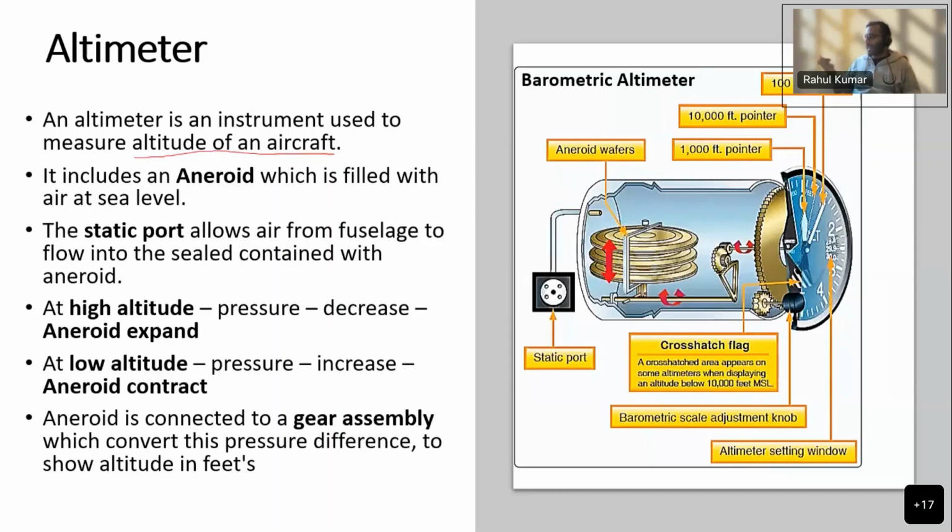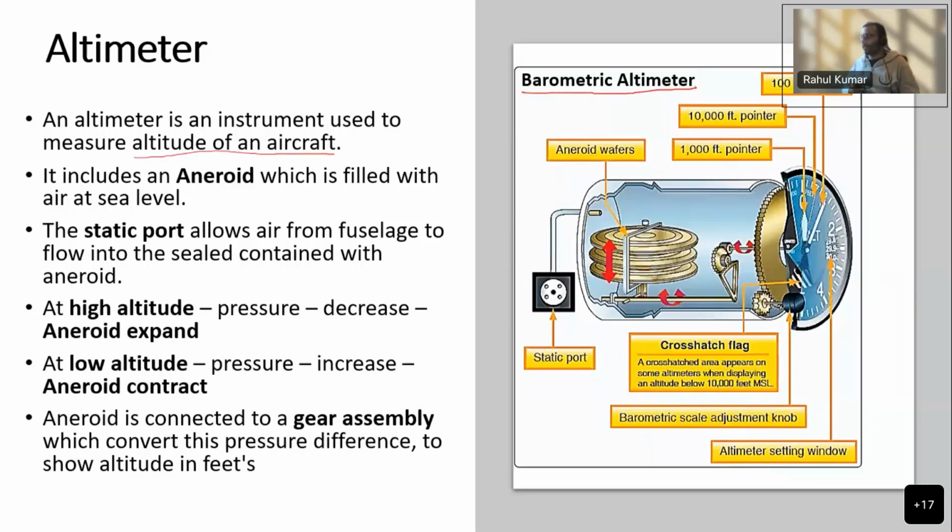There are some more advanced altimeters available, but today in this class we are going to study the most basic type of altimeter, which is called the barometric altimeter.